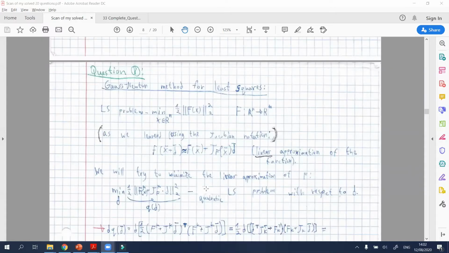So let's start our debate about question number 8, the Gauss-Newton method for least squares. This is an actually really important problem which minimizes distances.